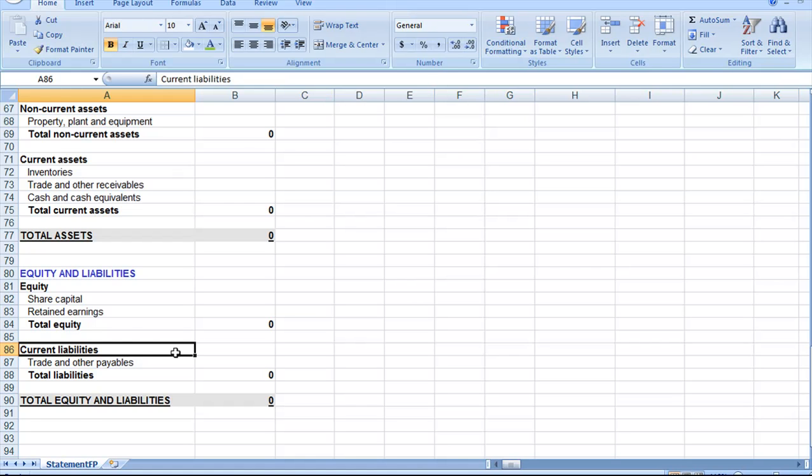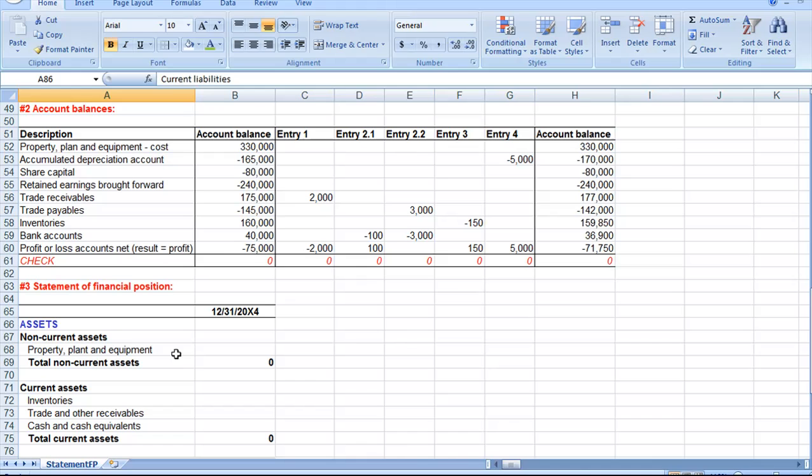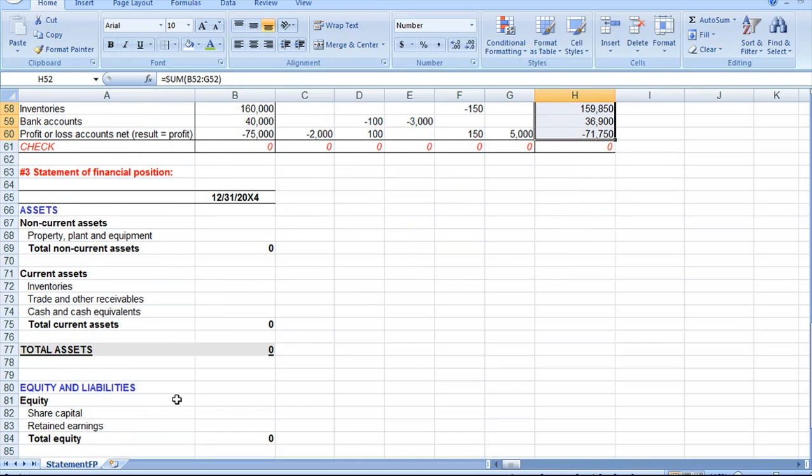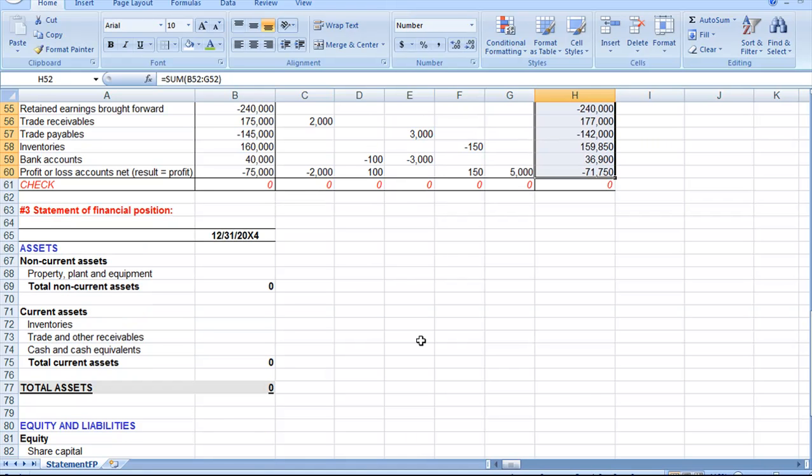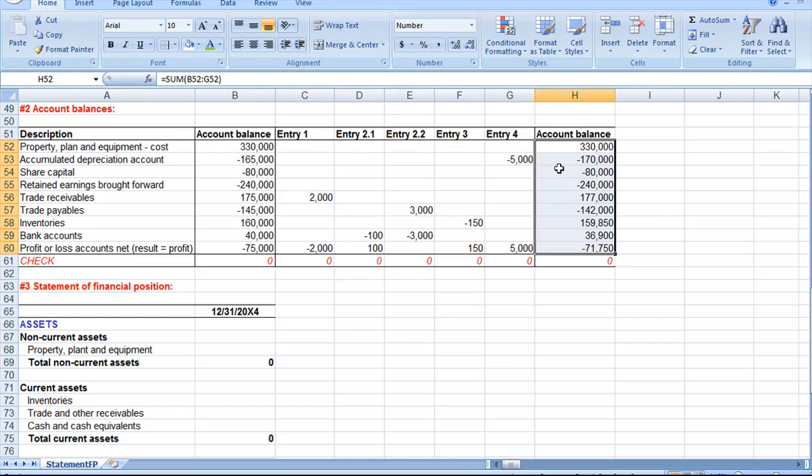So we will go back to our final account balances and make sure that we included each balance somewhere in the statement of financial position. There are some automatic formulas to do this, but we will go one by one manually, for better illustration. So the first two balances, property, plant and equipment and accumulated depreciation account, go both to non-current assets under the heading property, plant and equipment.